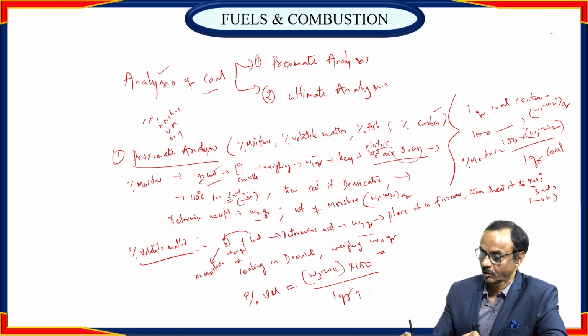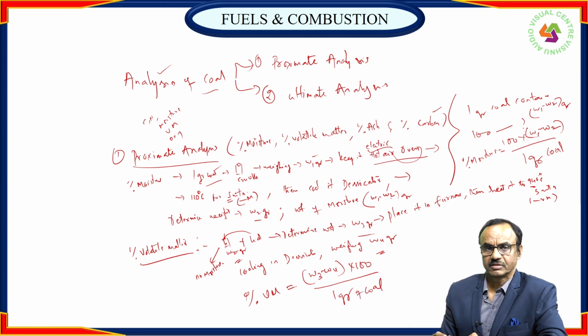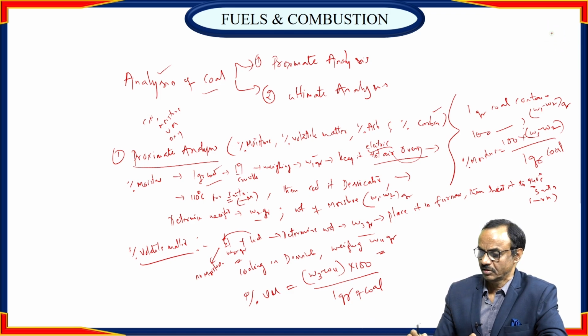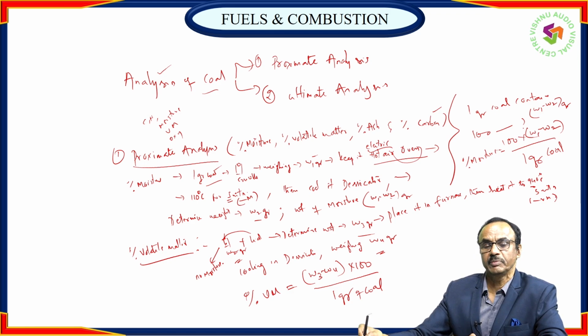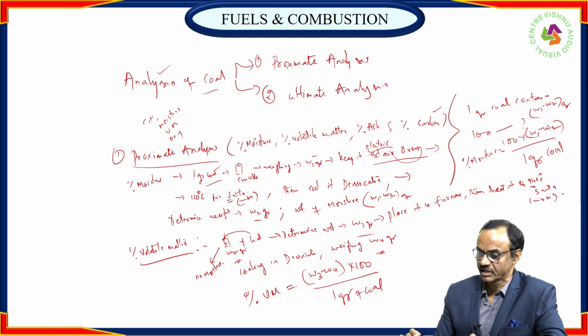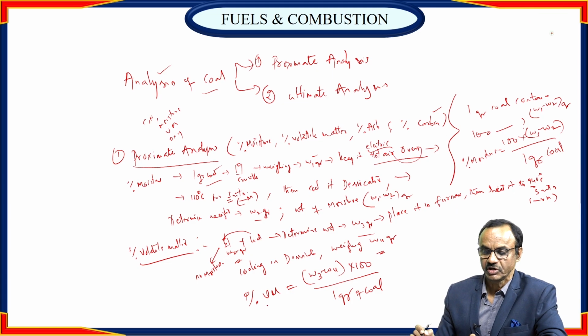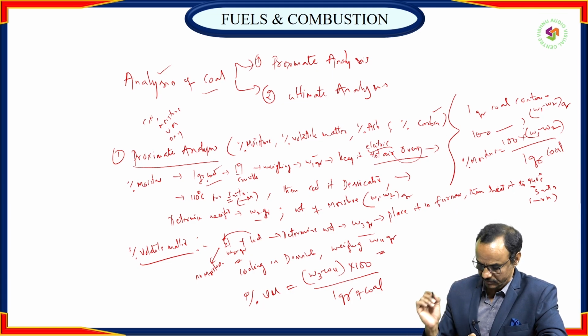Weighing, keeping in the furnace, heating, cooling, and then at the end again determine the weight. Subtract to find the removed volatile matter: just subtract W4 from W3. Next, calculate the percentage, considering the initial weight of coal taken.